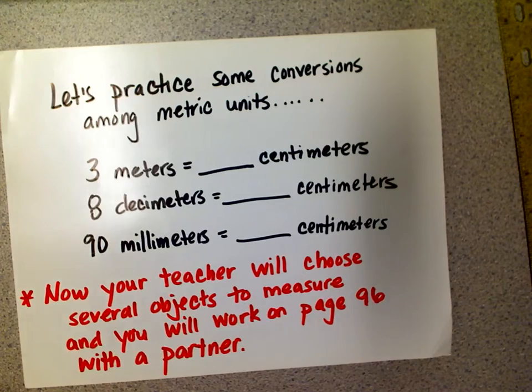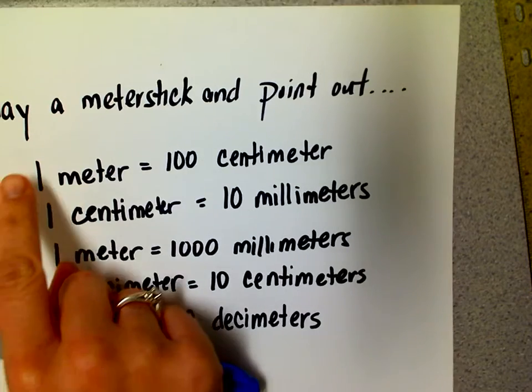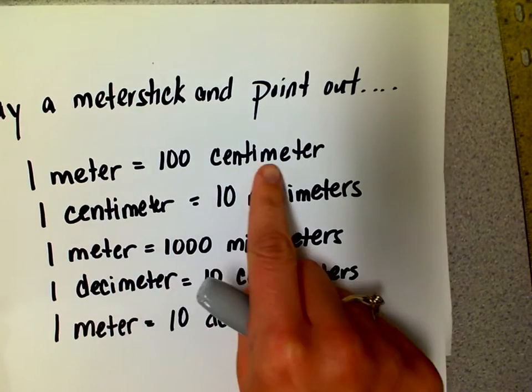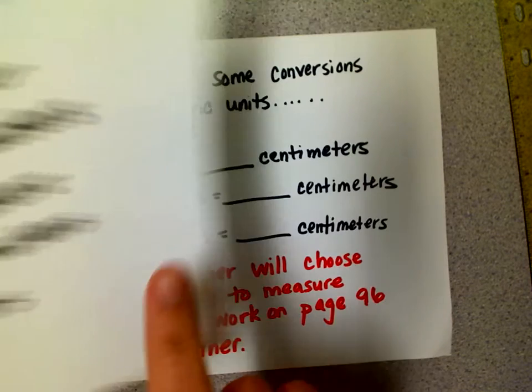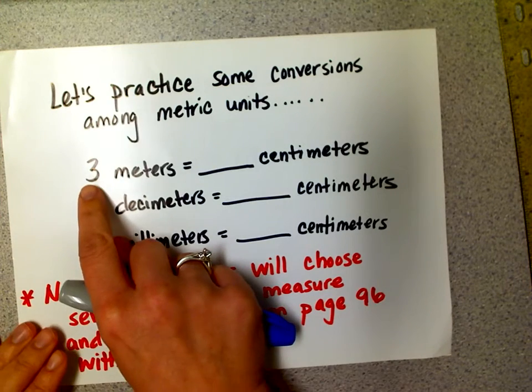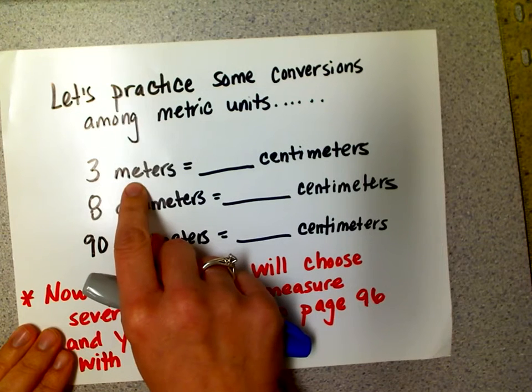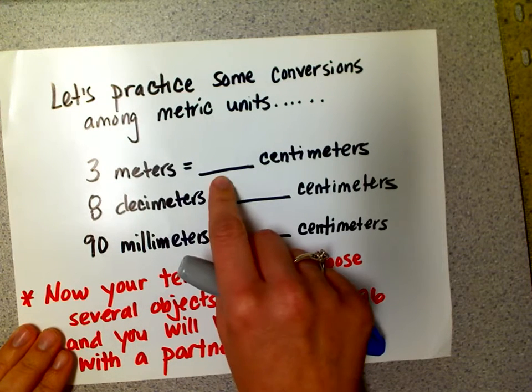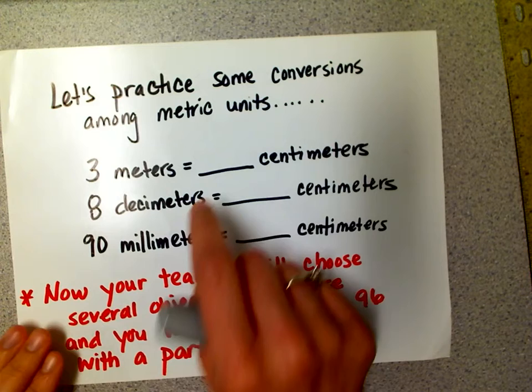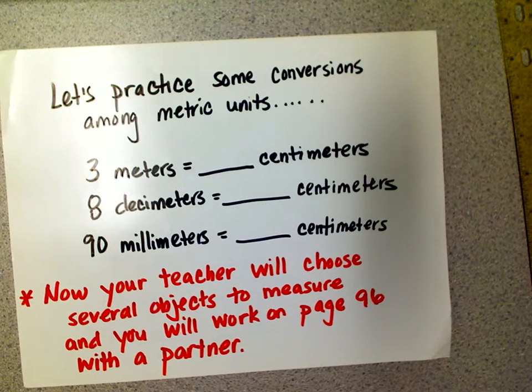That 1 meter, right here, 1 meter has 100 centimeters. So let's think, 3 meters would then have how many centimeters? Please turn and talk to your partner now.